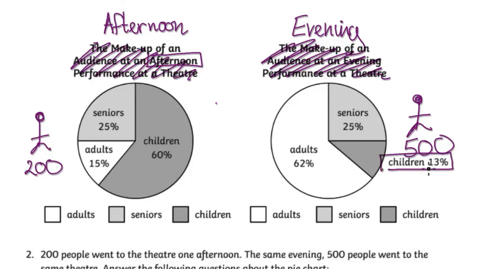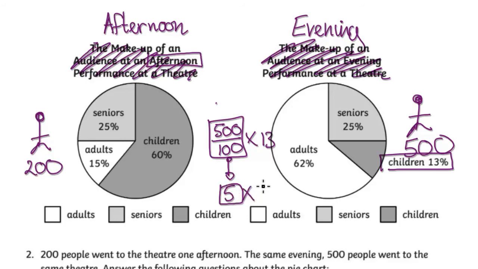13% are children. So to work this out, get your whole population, which is 500, cut it up into 100 equal pieces, and then get 13 pieces. So now simplify this fraction. 500 divided by 100 would be 5, and then times this block here, 13. What is 13 times 5?